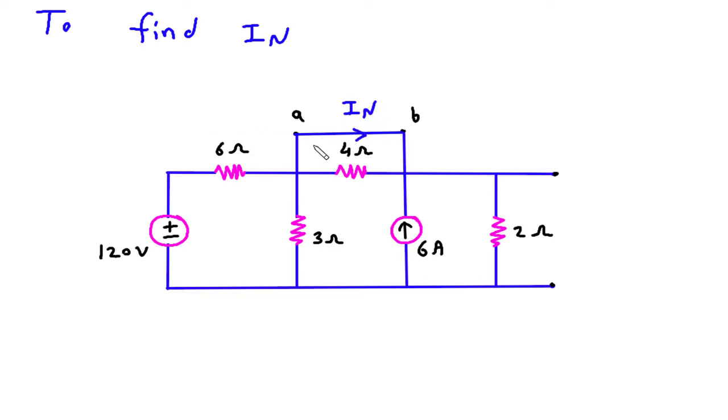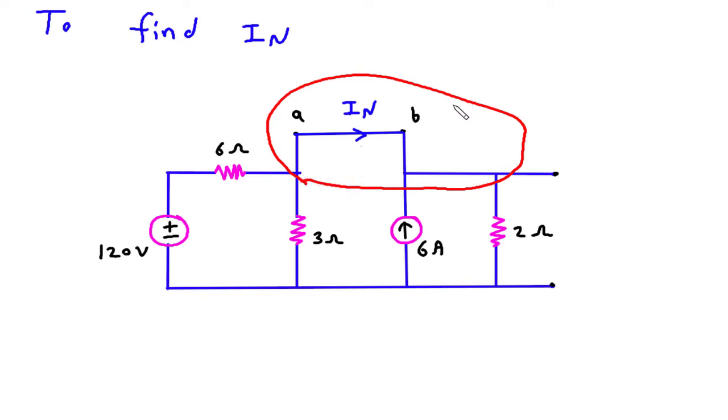Now, as we can see, this 4 ohm resistor is short circuited, so this will be erased. This forms a single node, so this whole wire will form a single node. Let's say this is node V1.